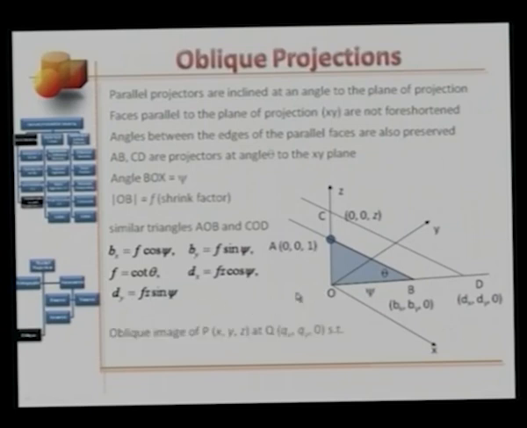Now, imagine that we would want to obtain the oblique image of any point P with coordinates x, y, and z. And let that oblique image be given by point Q with coordinates qx, qy, and 0.